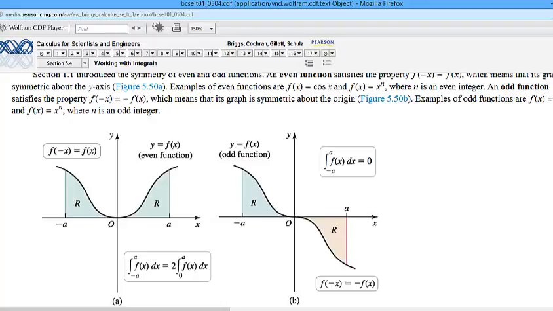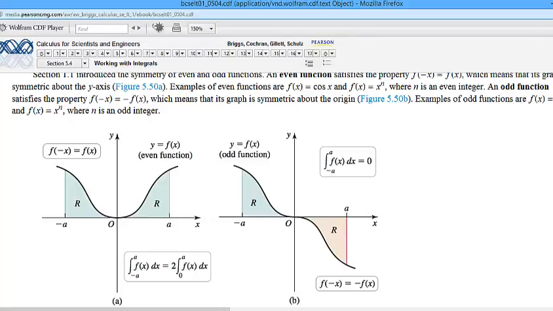But an odd function is even better. Why? Well, yeah, this means... Why did they color this red? It's like negative area, right? But if you're integrating from negative b to positive b, that means this region has the same area as this region because we said symmetry.